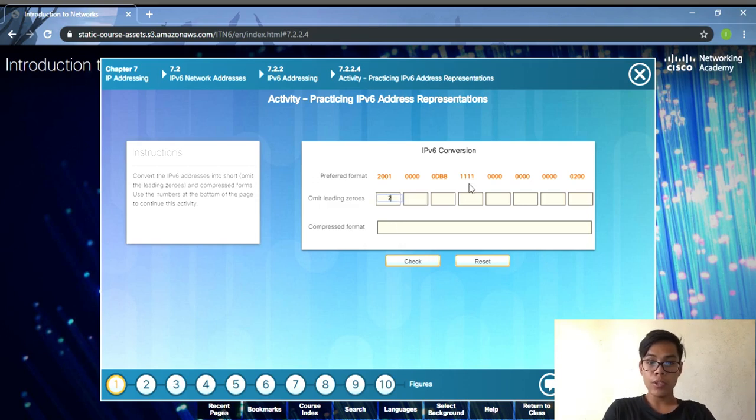So let's try to answer it. 2001. We'll omit the zero, so let's just put 1 0. It is another leading zero, so let's just put DB8. And 111. Eliminate the other zeros, 0 0 0 and 200. Now let's compress it. 2001, 0, DB8.